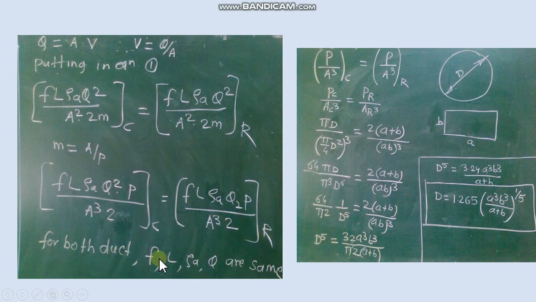For both ducts, the material is the same, so F is the same, length is the same, and the density of air and discharge are the same. After cancelling these terms, we get the ratio of perimeter to area cube for the circular duct equal to the same ratio for the rectangular duct. Then we put the perimeter and area for the circular duct on the left side, and similarly for the right side, and simplifying we get the equivalent diameter D equal to 1.265 times (A cube B cube divided by A plus B) to the power 1 by 5.